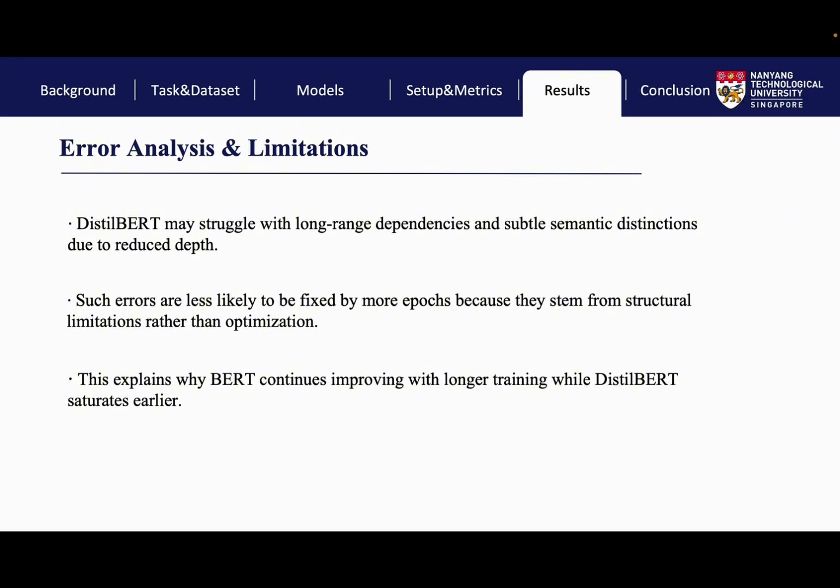As a result, increasing the number of training epochs does not significantly resolve these issues. This observation helps explain why BERT continues to improve with longer training, while DistilBERT tends to saturate earlier. In summary, while DistilBERT offers strong efficiency benefits, this comes with a trade-off in representational capacity, especially for more complex language understanding tasks.